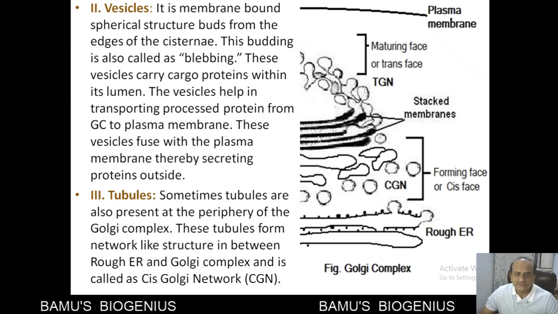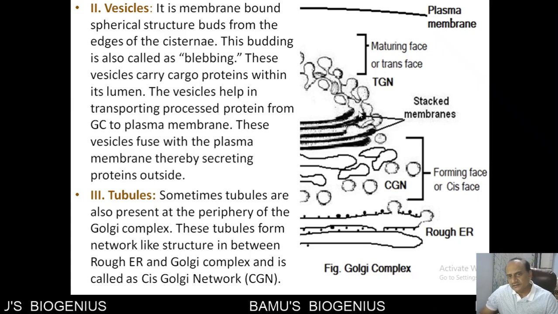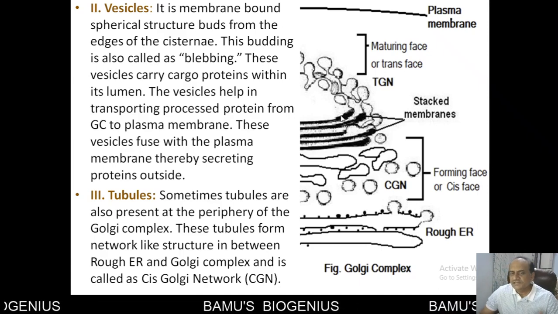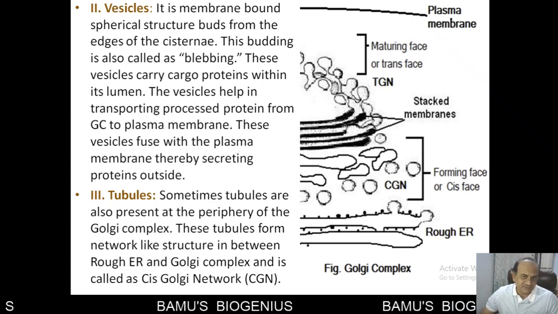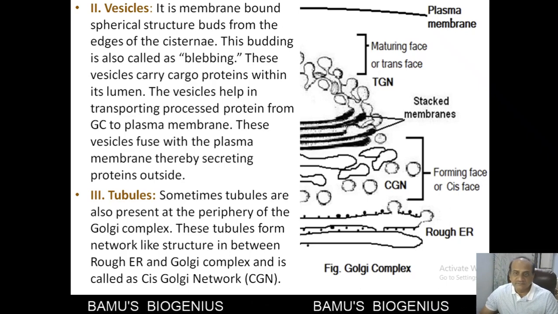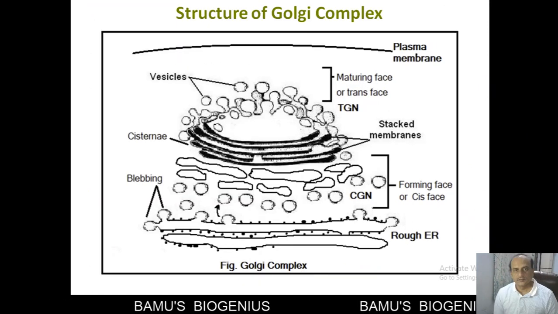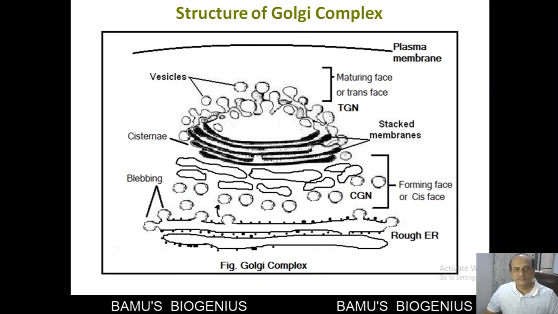The cisternae present in the middle region of the Golgi complex are called middle cisternae, and the cisternae present on the trans side of the Golgi complex are called trans cisternae. So there is a kind of difference within the Golgi cisternae also. This is the overall structure of the Golgi complex.